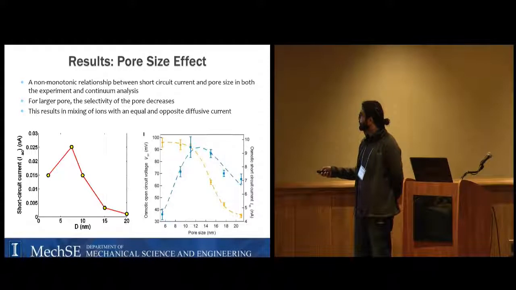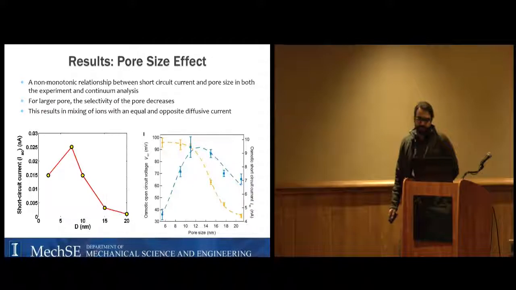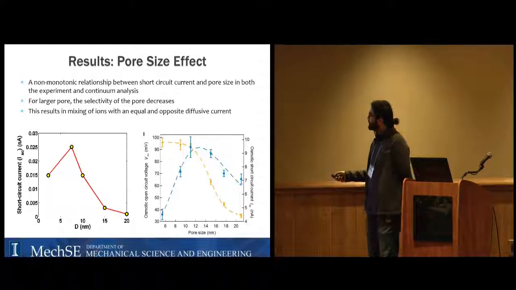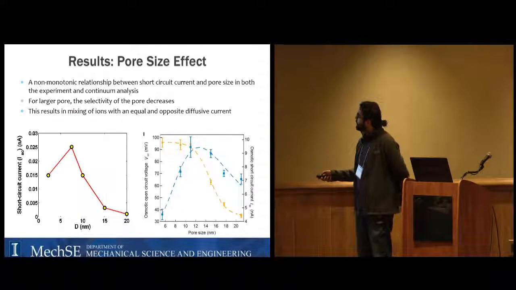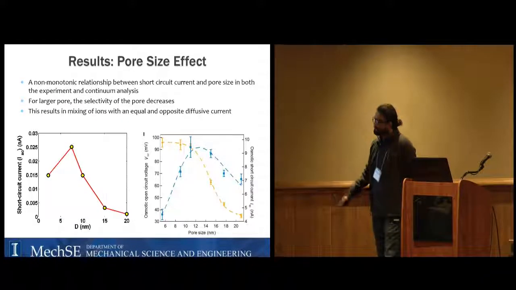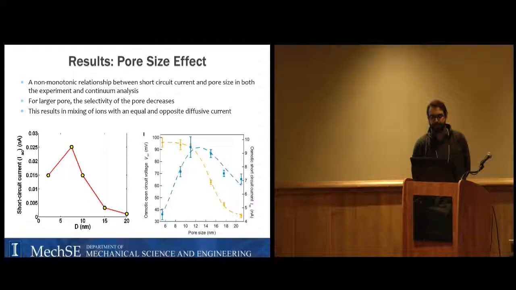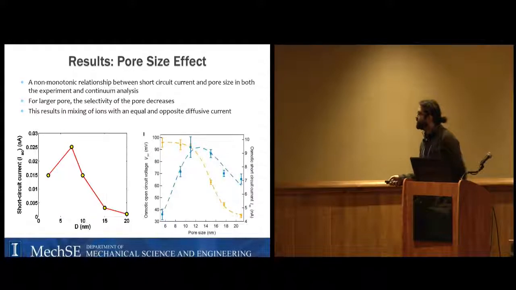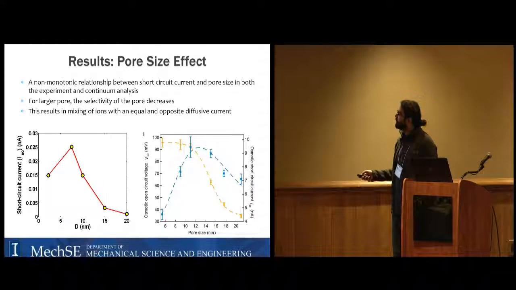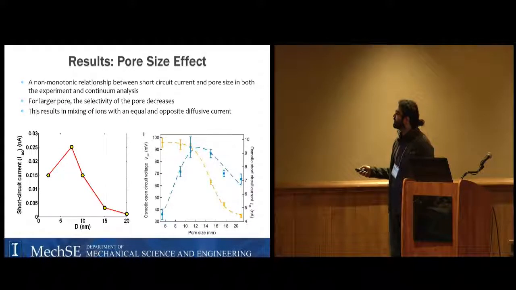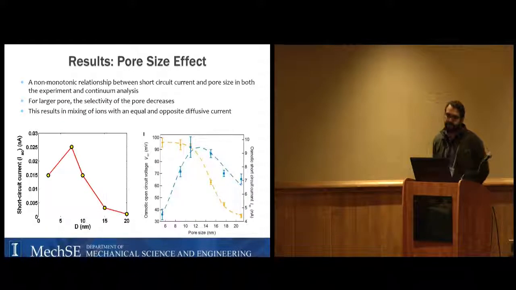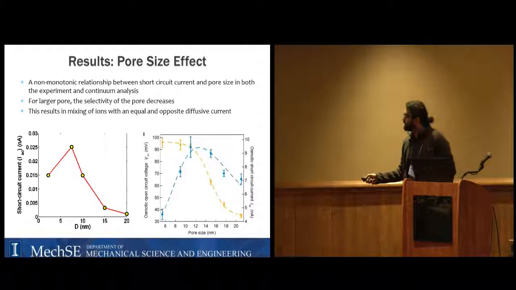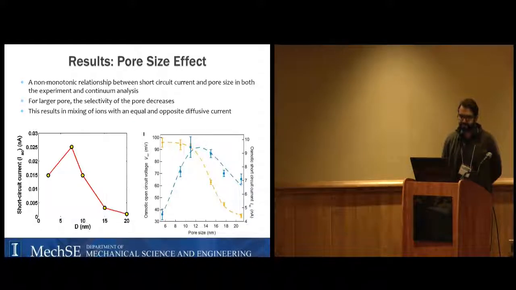We wanted to explain this, and we found in our simulations that as we increase the size of the nanopore, we lose the selectivity of the system, and then the diffusion currents due to potassium and chloride balance each other. So eventually we reach almost zero current.